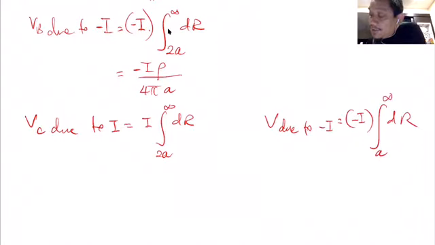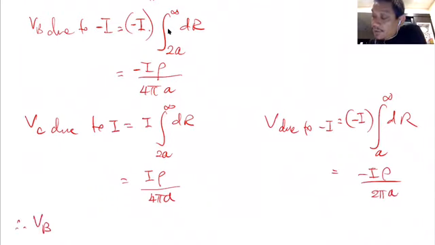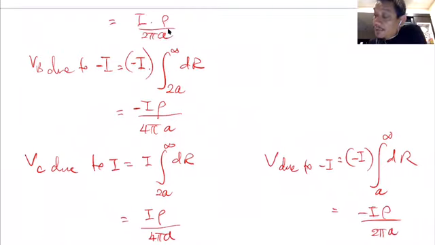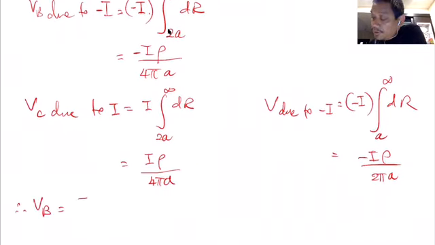So the answer is I rho over 4 pi A minus I rho over 2 pi A.